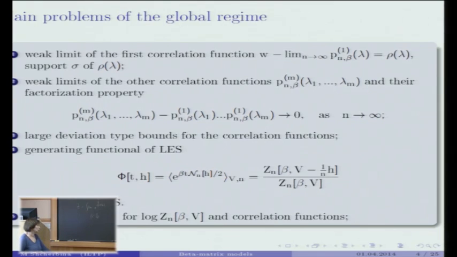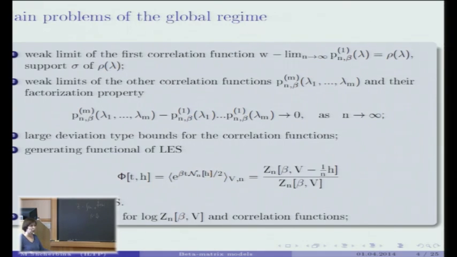Then second, the weak limits of the other correlation functions. Normally they factorize, and the speed of this factorization is also a very interesting question. Next are large deviation type bounds for the correlation functions, and more refined questions about the generating functional.